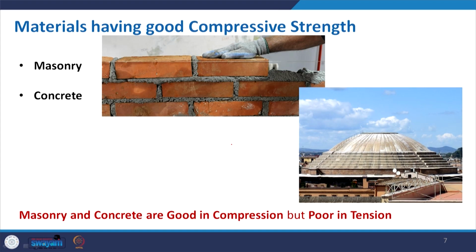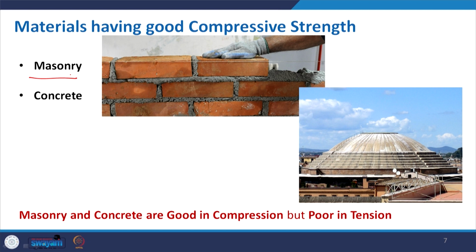Now, let us move forward to the materials being used for that. One is masonry. Here is a representative picture where brick is laid with cement mortar, but as we discussed previously, masonry can also be done with stone blocks.